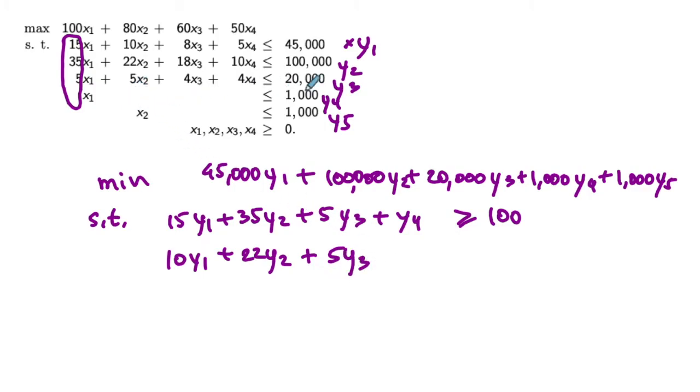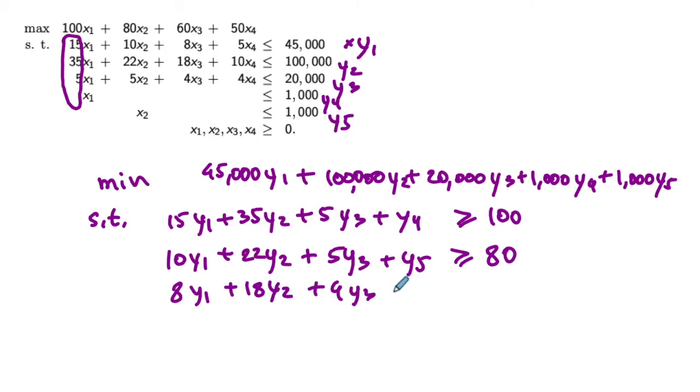Then we have 0 y4 and 1 y5 is greater than or equal to 80, so we need to dominate the coefficient for x2. Then to dominate the coefficient for x3, we will have 8 times y1 plus 18 times y2 plus 4y3, then we have zeros for y4 and y5, and this is greater than or equal to 60.